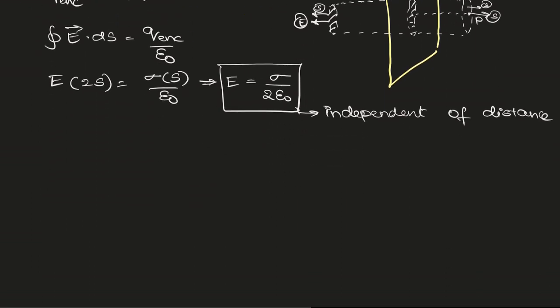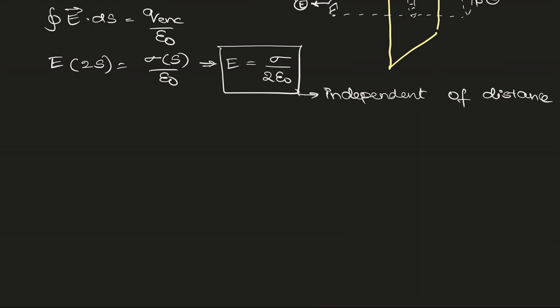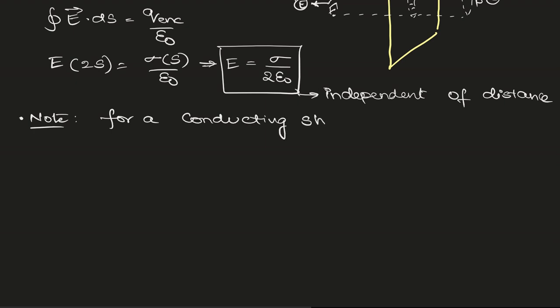And if you are given a conducting sheet, I'll mention that as a note point. For a conducting sheet, we have to assume it as a combination of two non-conducting sheets. So if I divide this into two parts, the first part and second part are two non-conducting sheets.